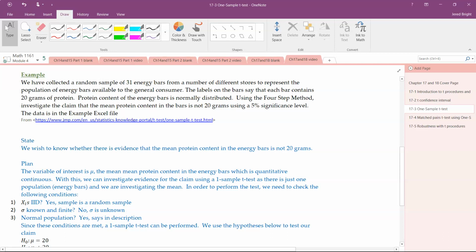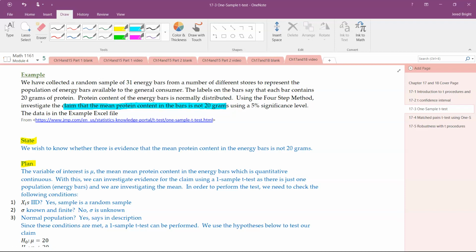Here I have started outlining the state, plan and solve components. The idea here is we are doing a four-step method quickly. I'm not going to articulate everything as we go through, but we are investigating that central question of whether or not the protein in the bars is 20 grams or not.